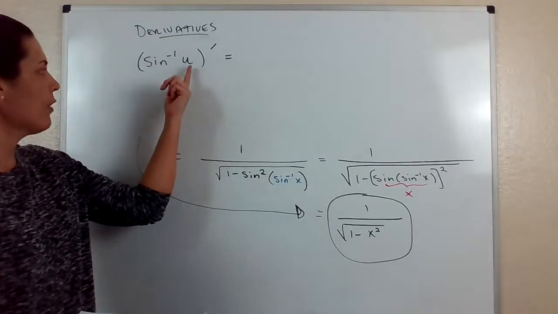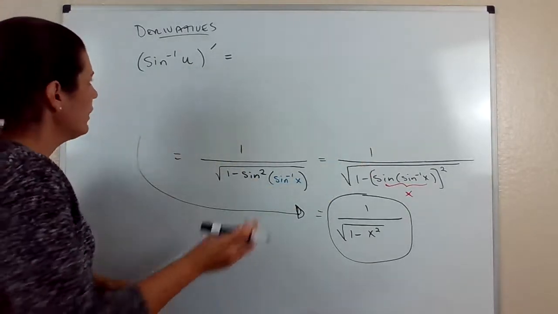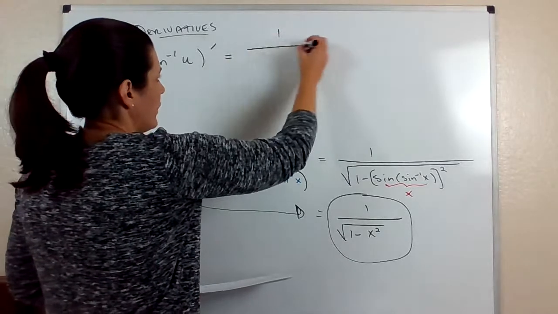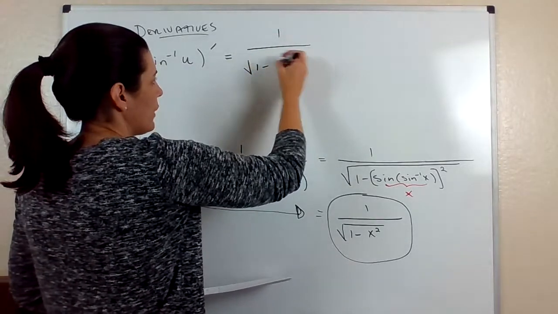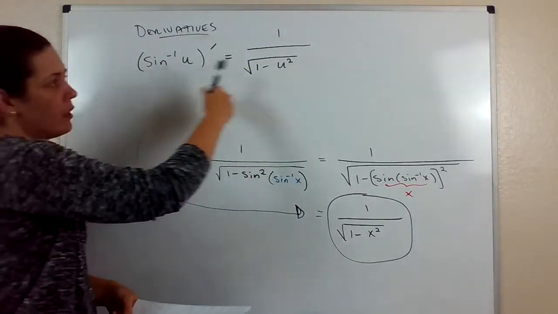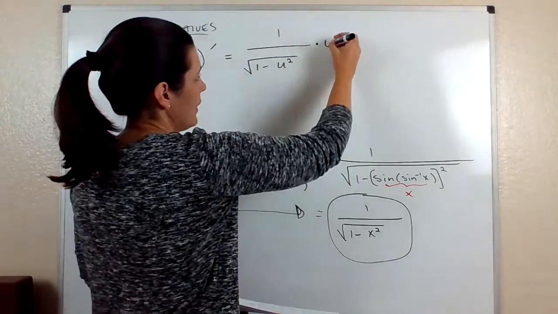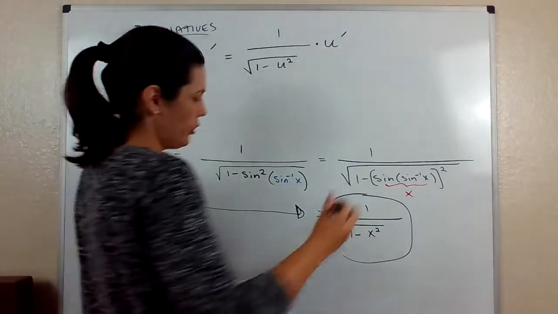So I'm just going to account for that by saying that u is like a function of x. So this derivative, we just found this, it's 1 over square root 1 minus u squared. But if you have something going on in your argument, then chain rule says times that derivative, so times u prime. All right, that's your first one.